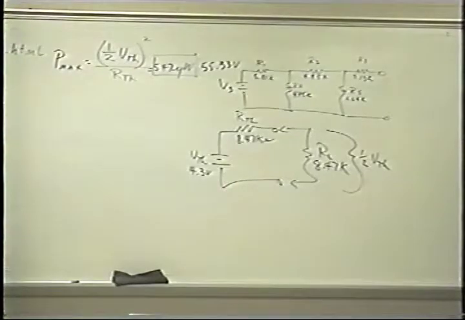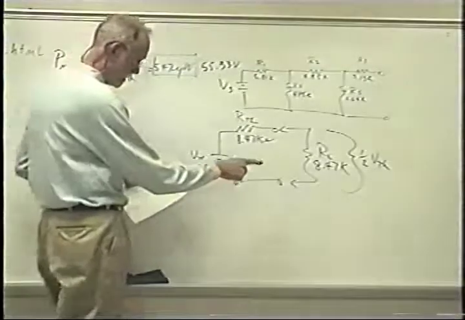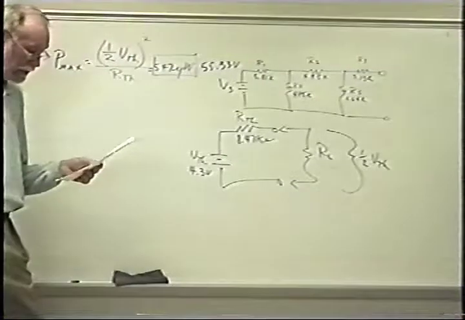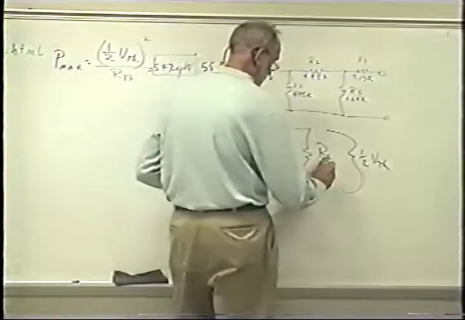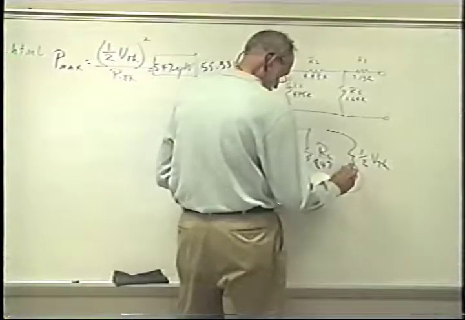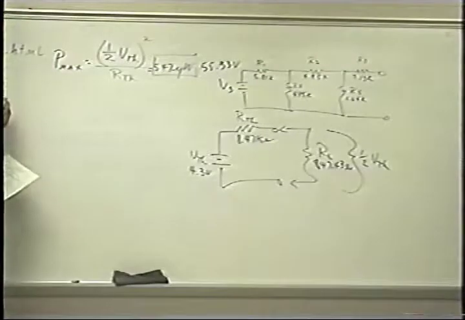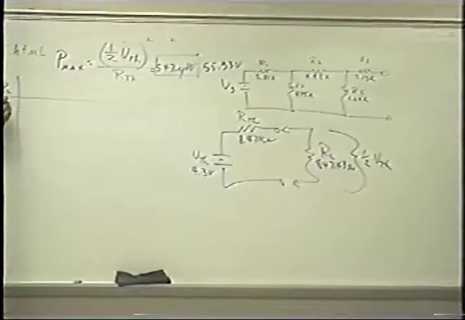Now, you have a little table down here on your worksheet. It says use the following load values to determine load power and to demonstrate the maximum power transfer theorem. Well, there's two things you have to do there. You have to put the first resistance load here, and that will be 847.43 ohms.